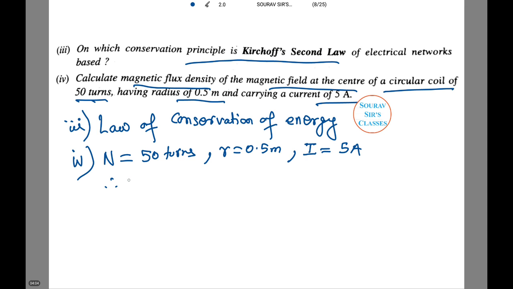Therefore, magnetic flux density, written as B, equals mu naught N I by 2R.